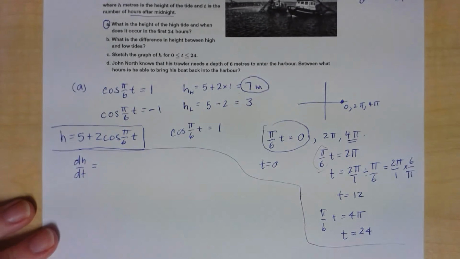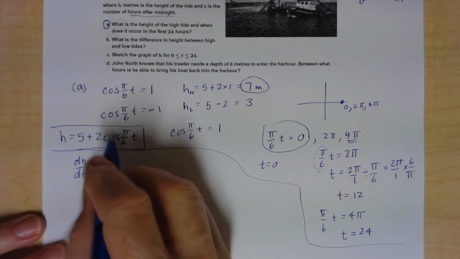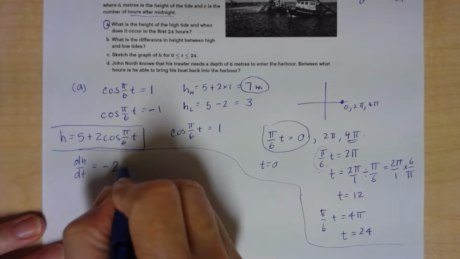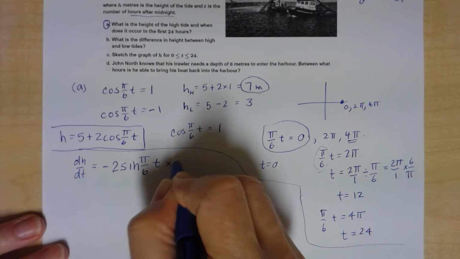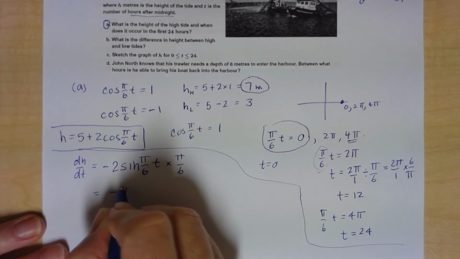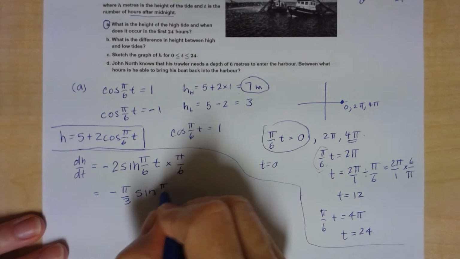The derivative of 5 is just 0, and the derivative of this is -2 sine pi on 6t times pi on 6. So it's negative pi on 3 sine pi on 6t.